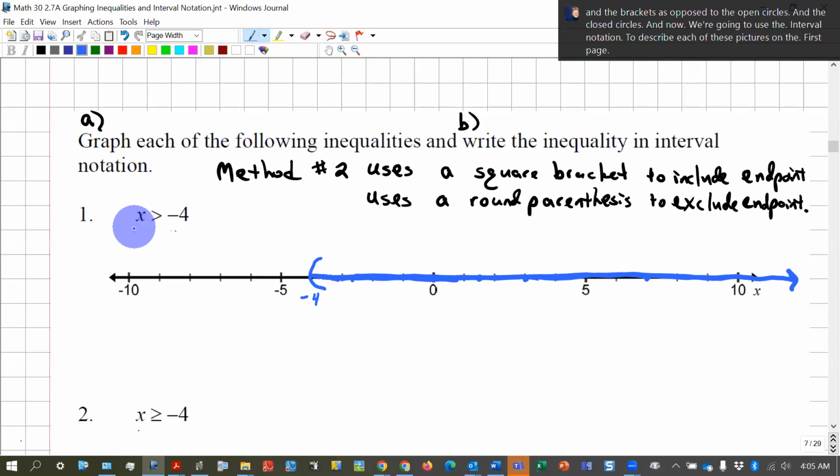Again, our variable's name is X. So X belongs to, X is a member of, X is an element of, the piece of the number line, the interval of the number line that starts at -4, but not including -4.